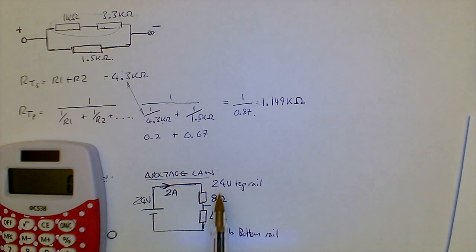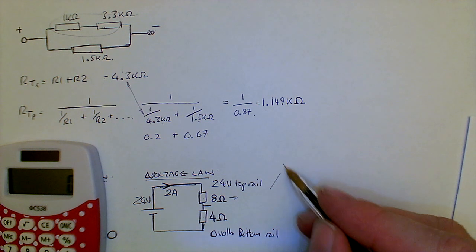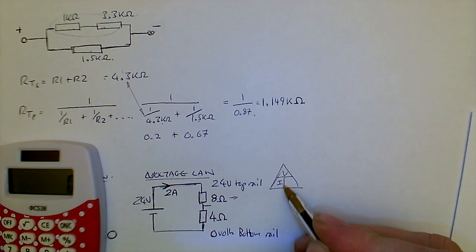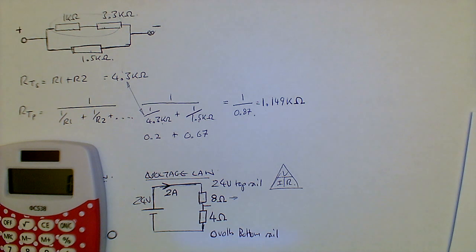So we start with 24 at the top. So what voltage is being used by the 8 ohms? Well, our old favourite, Ohm's law, V over I equals R. So the voltage here should be the current times the resistance.